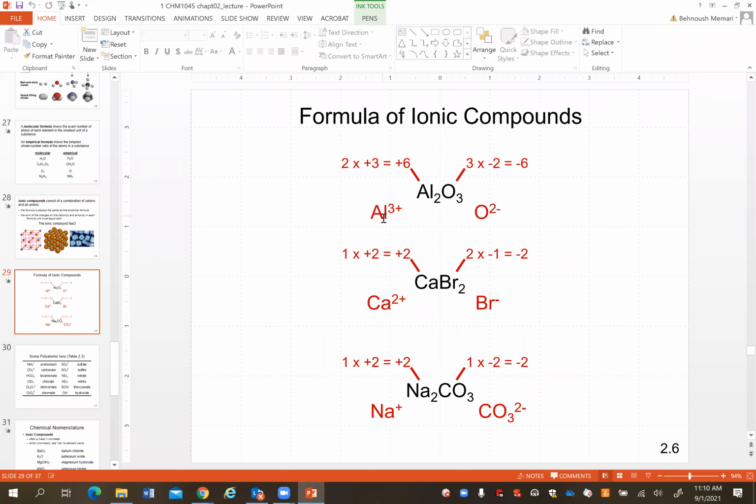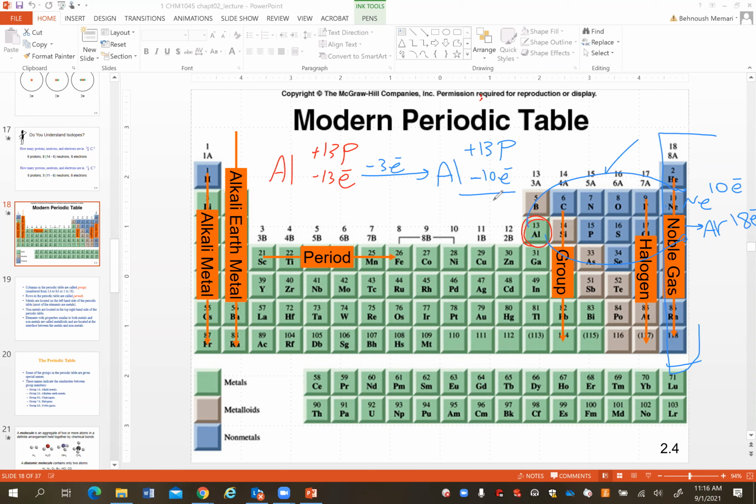As a result, for this ion, what is left after losing 3 electrons, the number of electrons and protons is not the same. When you add them up, you have an overall charge of 3 plus, and that 3 plus appears as the superscript on aluminum. That's how we find out that aluminum has a 3 plus charge.